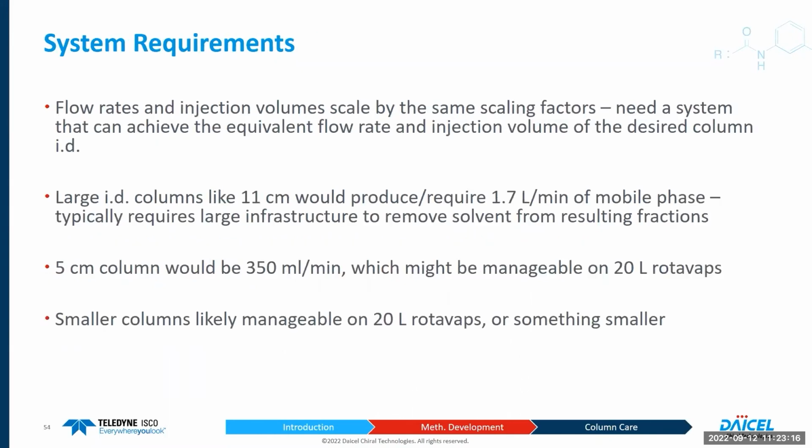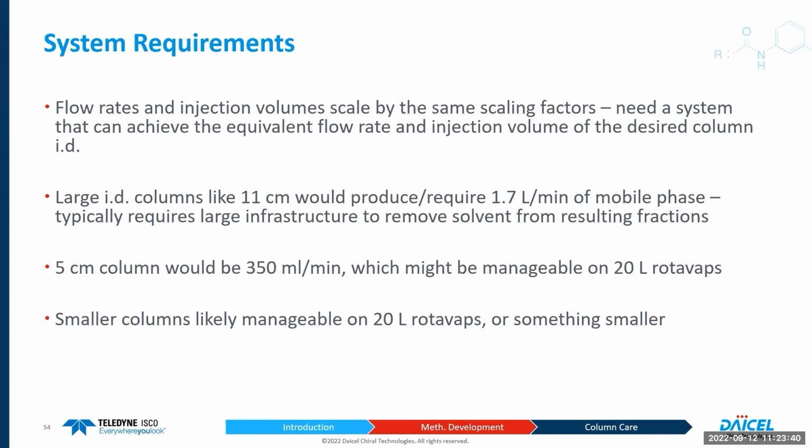throughput. Make sure, and these are some considerations when you're running any sort of separation, that your prep system is able to handle all of the scaling that takes place. So make sure that flow rates and injection volumes can be handled by the system. Otherwise, you'll have to do some changes to flow rates when you do your method development to account for that.